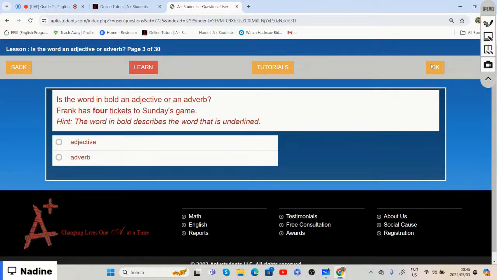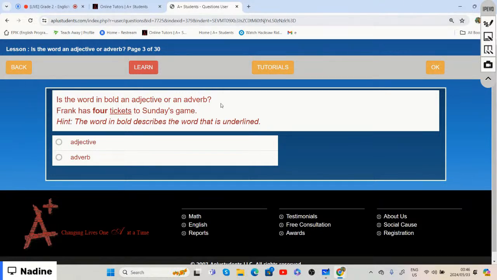Frank has 4 tickets to Sunday's game. Is this an adjective or an adverb? Look at this word.